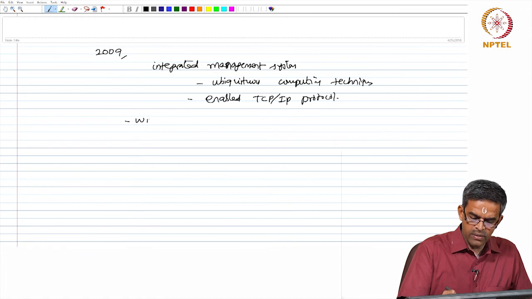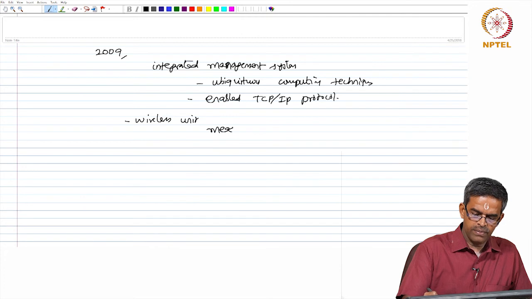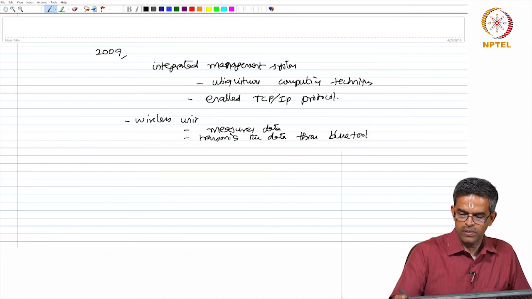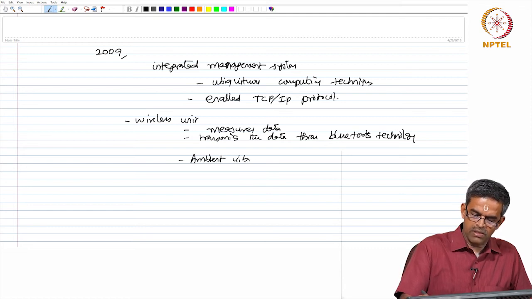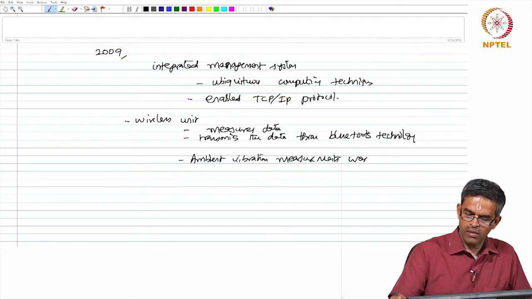The wireless unit, which was fabricated, measures the data and also transmits the data using Bluetooth technology. Ambient measurements were made, ambient vibration measurements were made using this sensor, and found to be very efficient.